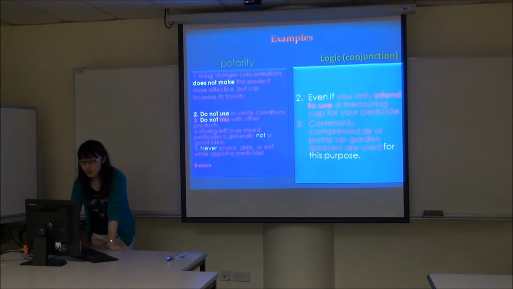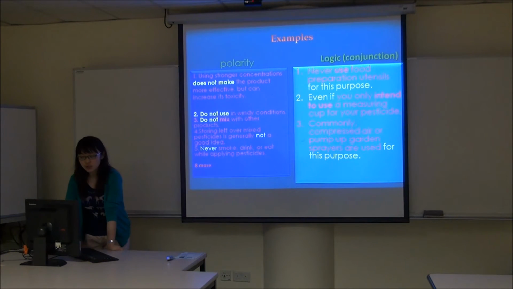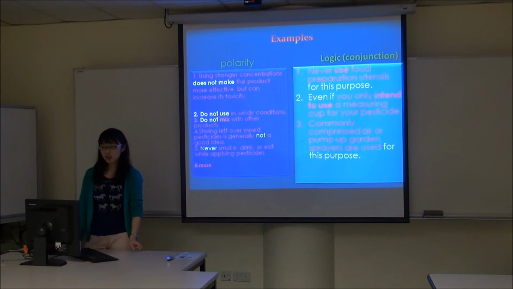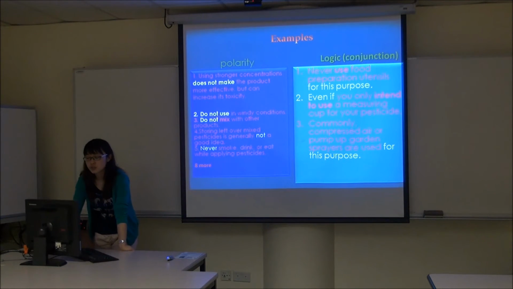And also for the logic, here are some more advanced connection words used for this purpose, even if, for this purpose. Because I've mentioned that for the same text only some words like because, as, so, these simple words are used to express the causal effect.